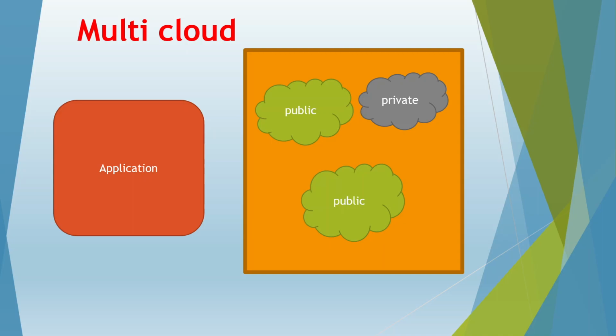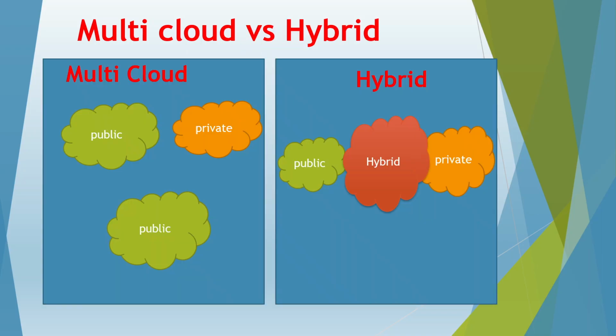service providers. Hybrid cloud, we have also seen, is a combination of public and private clouds. Then what is the difference between multi-cloud and hybrid cloud? In the multi-cloud, we are seeing public cloud deployment and private cloud deployment, but in the hybrid cloud, we are seeing public and private. A cloud will be called hybrid only if it is a combination of public and private.